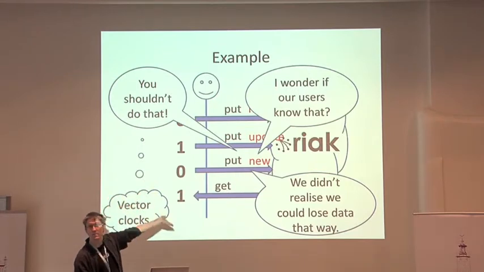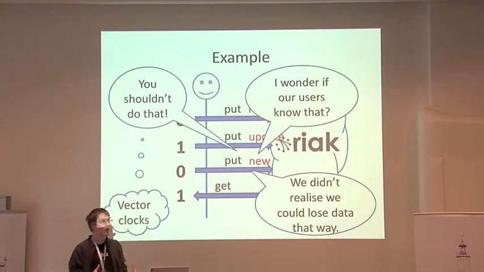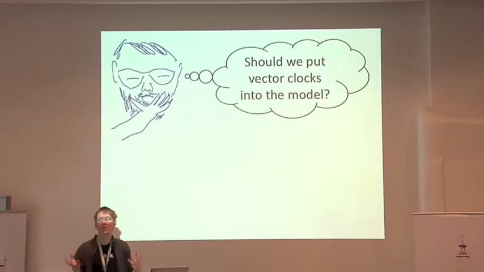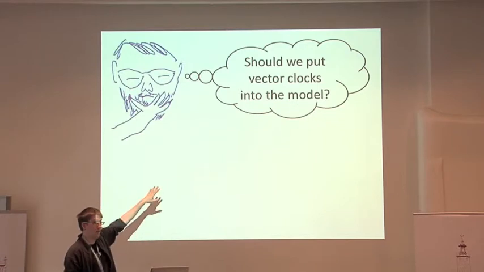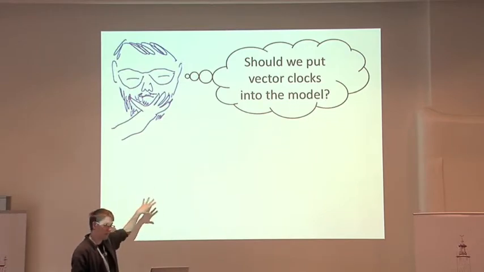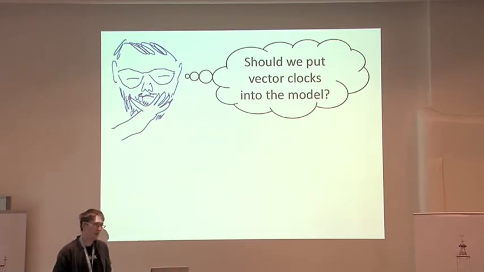We found out that the simple model wasn't enough. So we have to enrich our model in some way to handle this behavior. One thing you might think is, well, we could put the vector clocks into the model and model the behavior of these vector clocks, and then we could capture how this works.